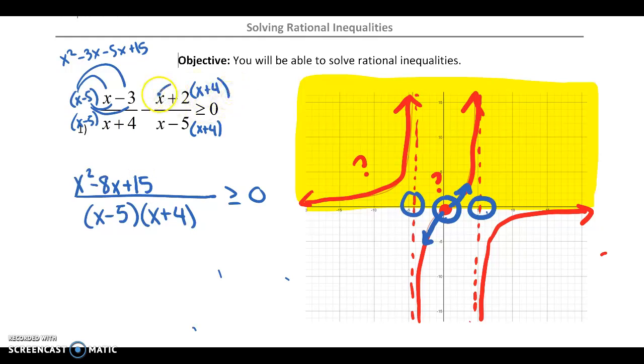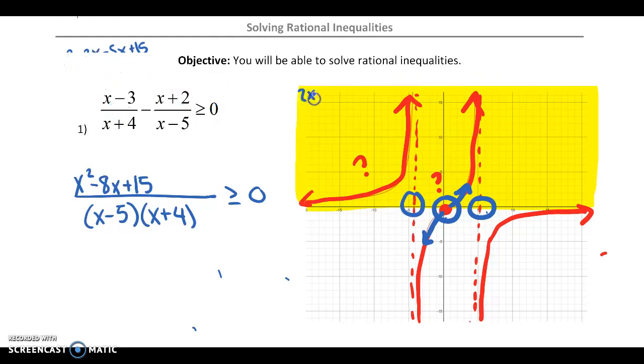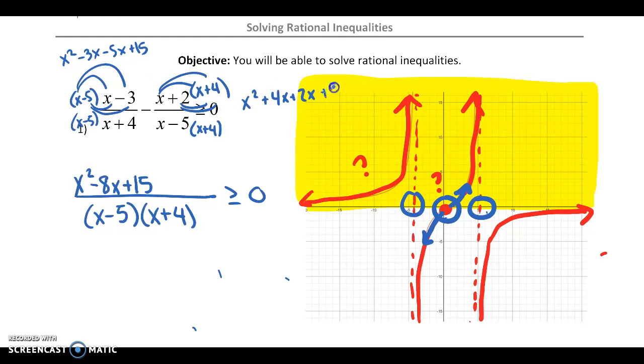Do the same thing here, and I will get x squared plus 4x plus 2x plus 8. Combine like terms, and don't forget this is being subtracted, and you're subtracting all of this. That means you're going to need parentheses. So I get minus (x squared plus 6x plus 8), and that's greater than or equal to 0.